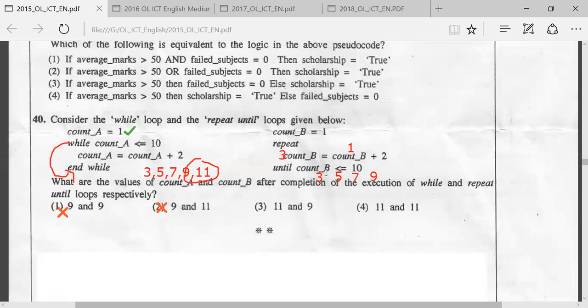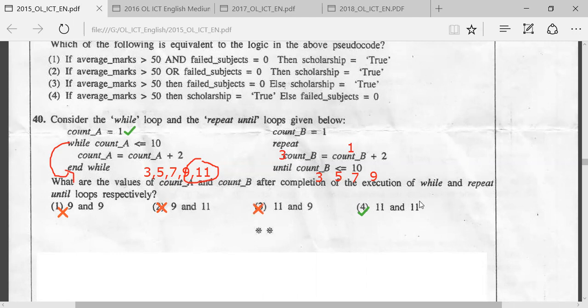Until count B, which means until 11 less than or equal to 10, no, it will exit. So the options are 11 and 11. Both will be the right answer option.